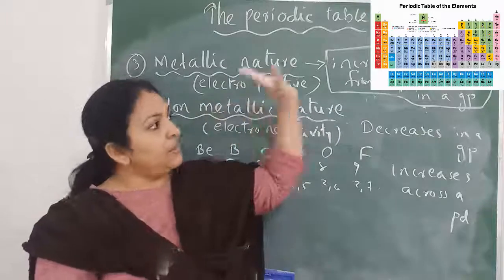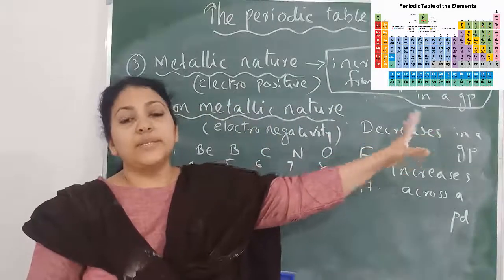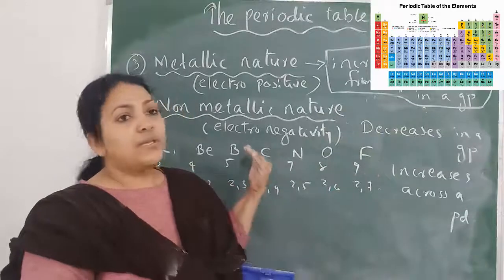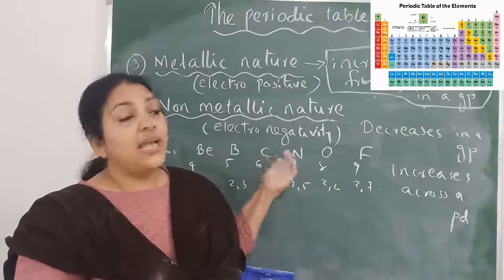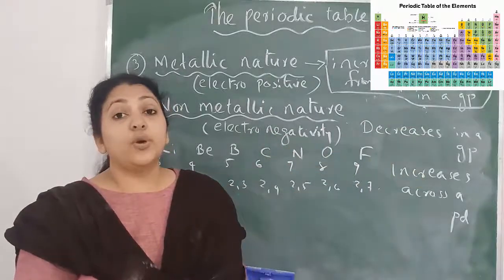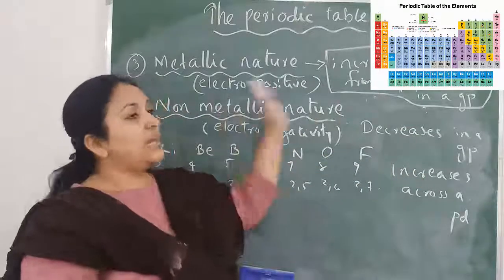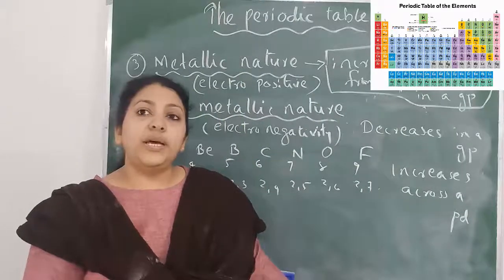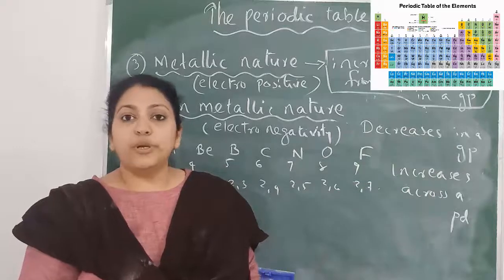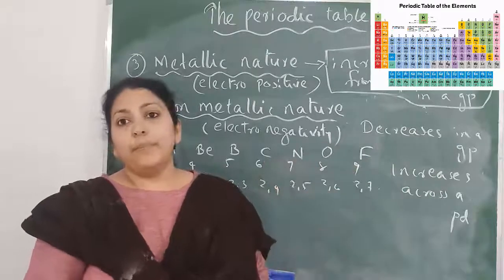And the extreme right side is non-metals. So we know that metal oxides are basic in nature and non-metal oxides are acidic in nature. So what happens to the nature of the oxides when we move from left to right across a period? We know that the basic oxides will become acidic oxides as we move from left to right across a period.